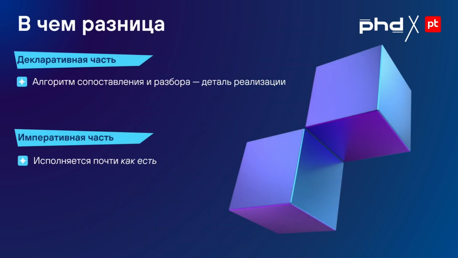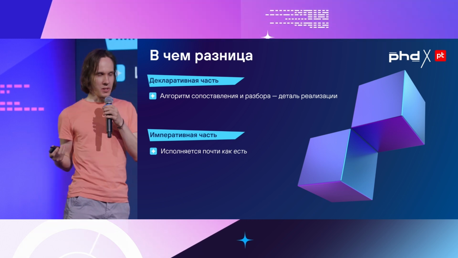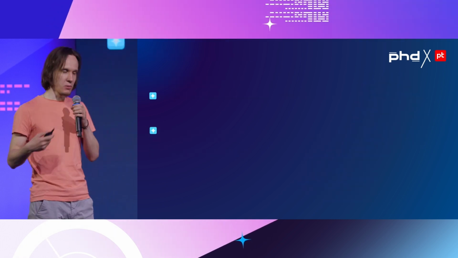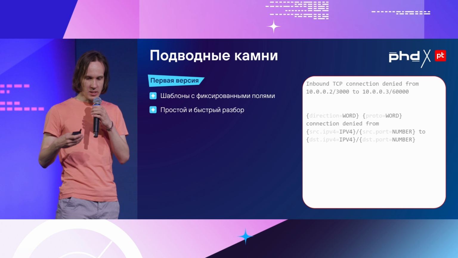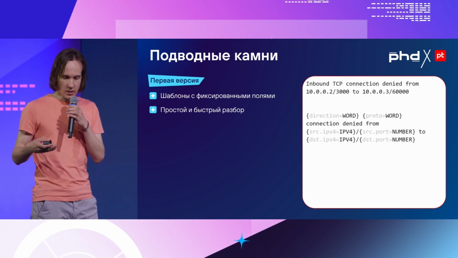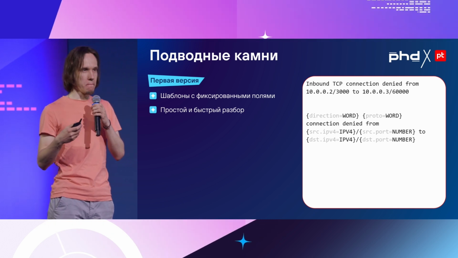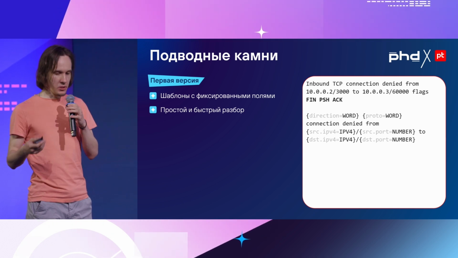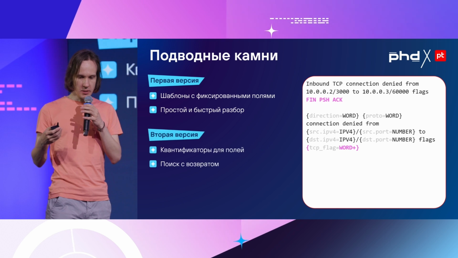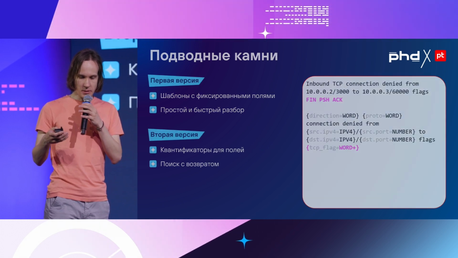The difference is that in the first case, the declarative part, the algorithm of comparison and analysis is the realization part, and the developer can choose it at their own discretion. And in the second part, we have a sequence.